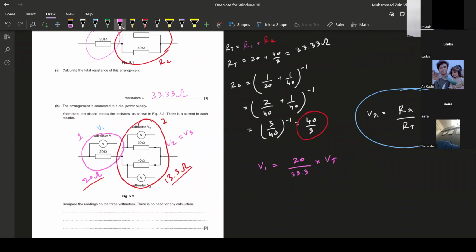So this is what I get. Now, if I talk about the second component, the one in red, better if I use a red pen as well. Okay. So V2 equals 13.33, the resistance of this part, divided by the total resistance, which is 33.33, times the total potential difference.